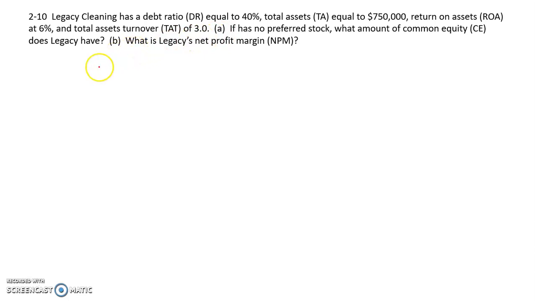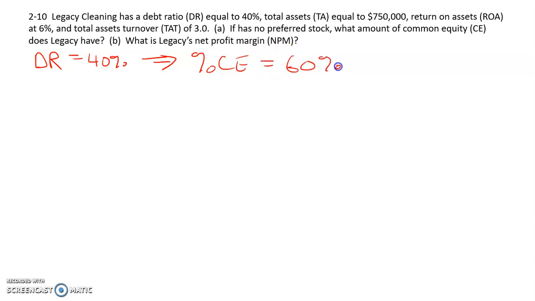So the first thing to note here is our debt ratio equals 40%. So that tells us that since we don't have any preferred stock, the percent common equity is 60%. So the two percentages have to add up to 100%.